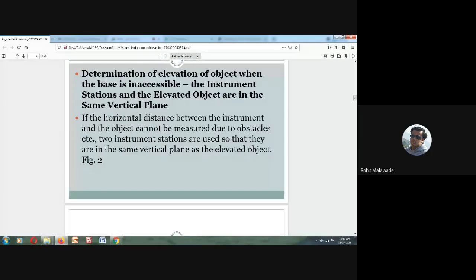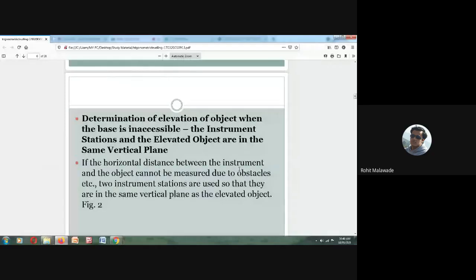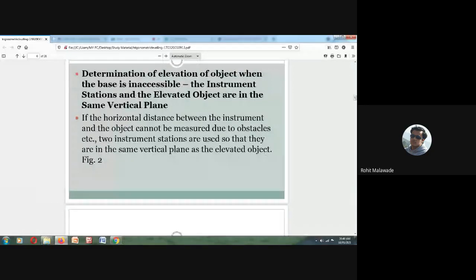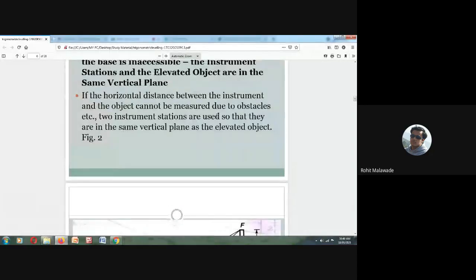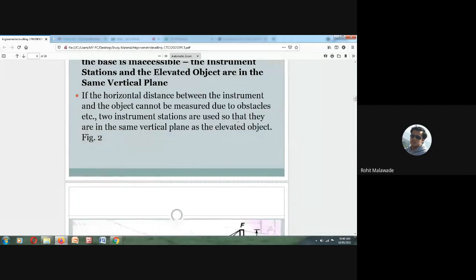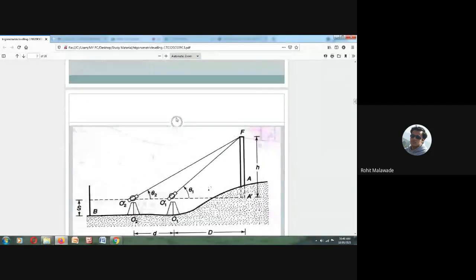Now, if the horizontal distance between the instrument and the object cannot be measured due to obstacles, two instrument stations are used so that the two instruments are in the same vertical plane as the elevated object.